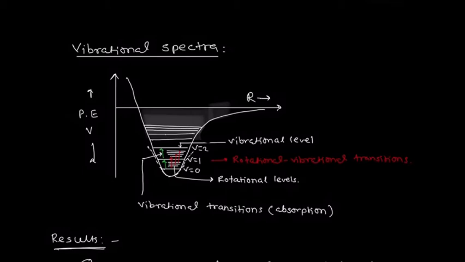But as the quantum number v increases, what happens? The separation between the two lines goes on decreasing. This is due to the potential. We say that the harmonic oscillator approximation is not valid, as the shape of the potential energy curve deviates from the parabolic nature.